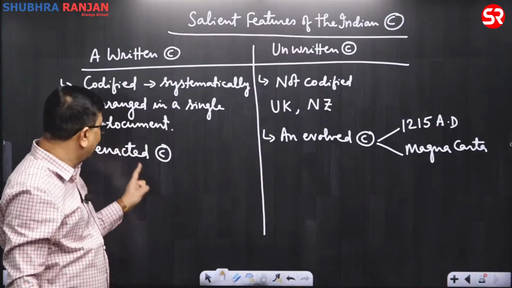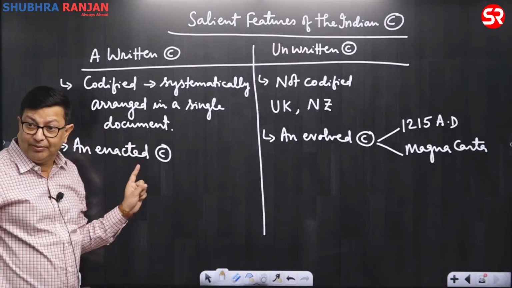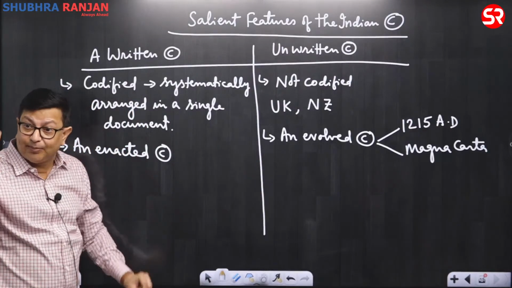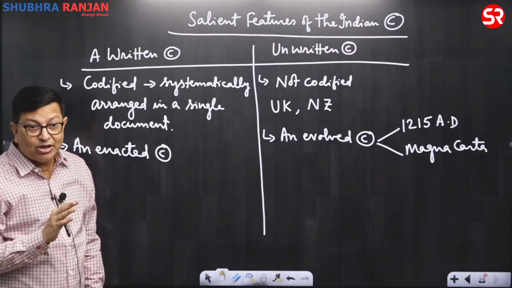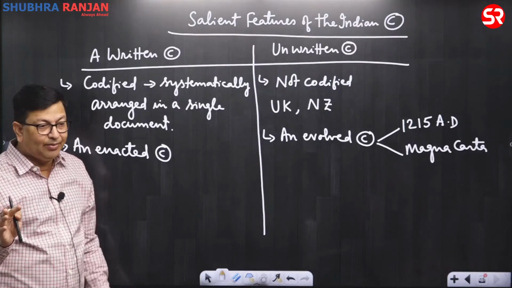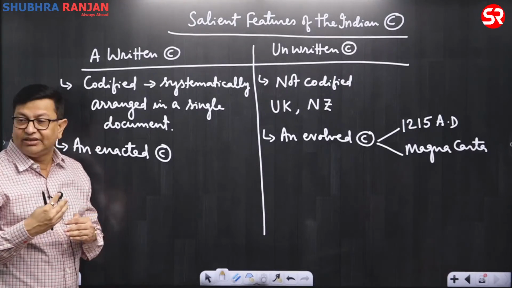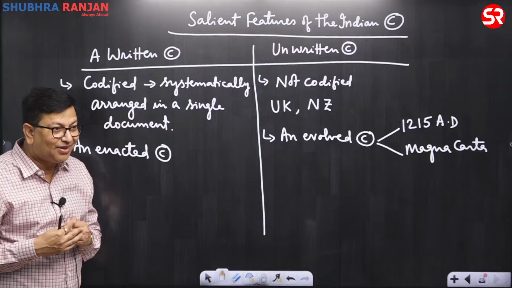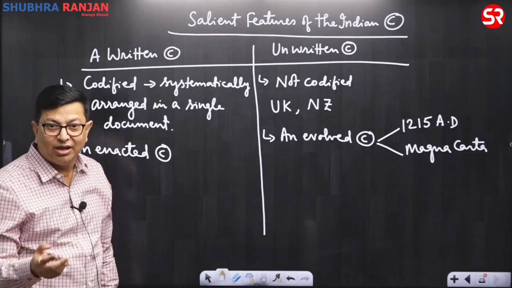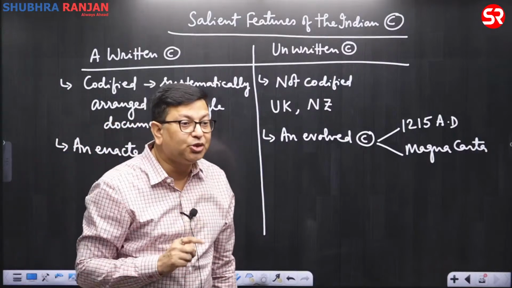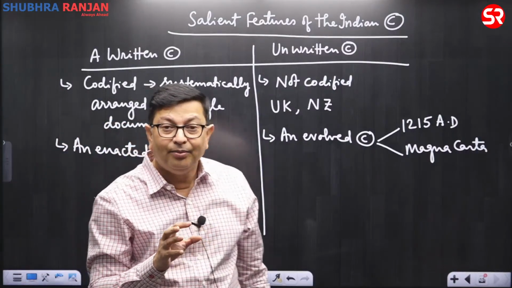But here, even the changes have to be made in accordance with the provisions which have been written down in the constitution. You cannot do it arbitrarily, because we have got article 368 in the constitution, which says that the parliament has the power to amend the constitution, because no constitution can remain static.